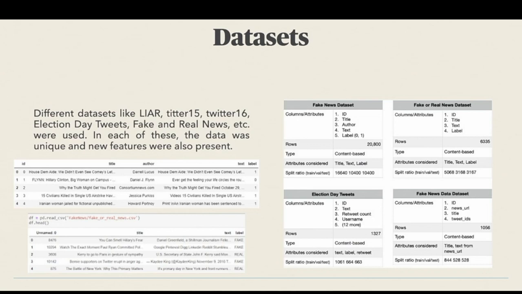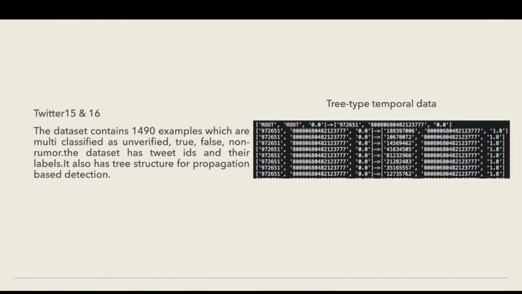The different columns serve different, equal importance. Most of the datasets have news text, news URL, author, and subject of the news, which can be used in our detection. In the Twitter 15 dataset, as we can see, there are different numbers of examples, multi-class classified as unverified, true, false, and non-rumor.